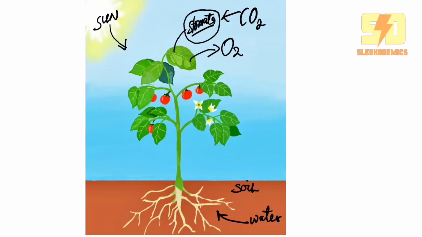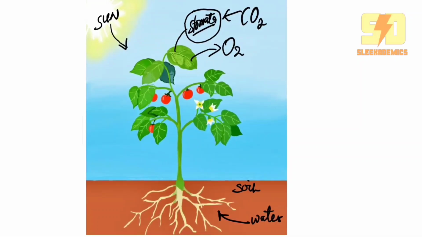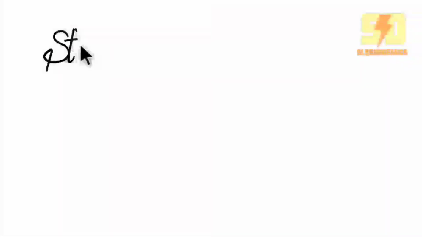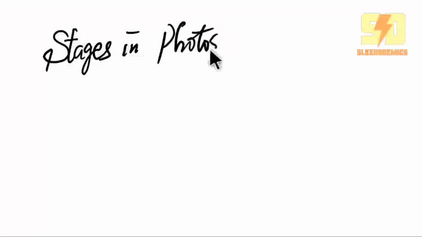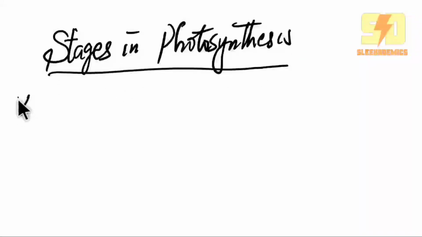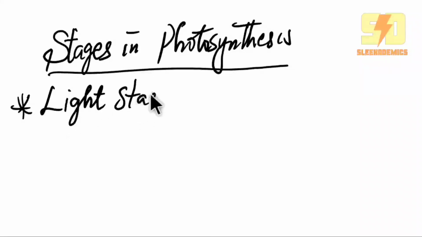But then there are two stages in photosynthesis. We have the light stage and the dark stage. Remember, we mentioned that there are two stages in photosynthesis. The first stage we have is the light stage, or what we call the light dependent stage.